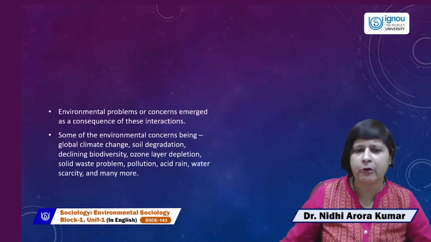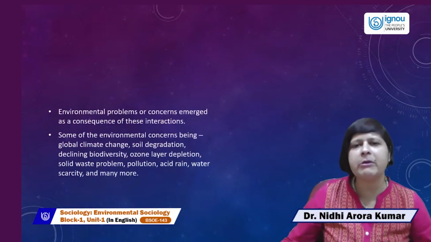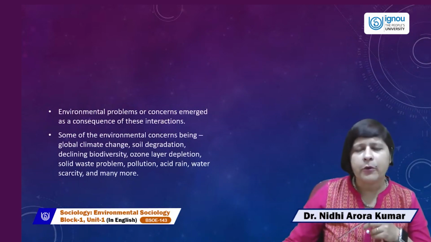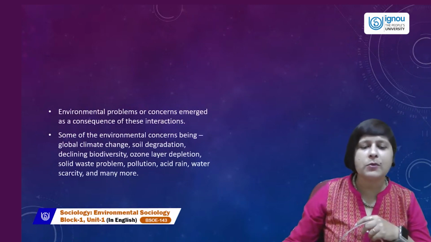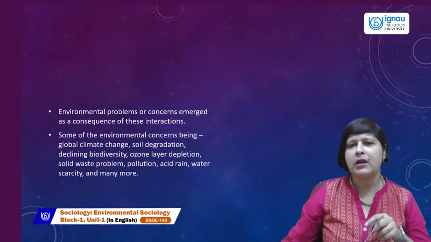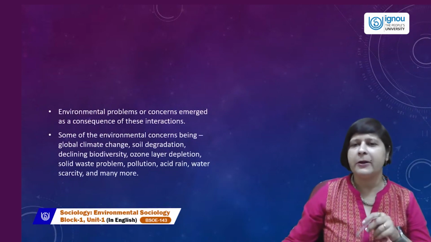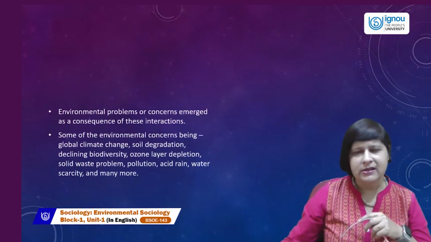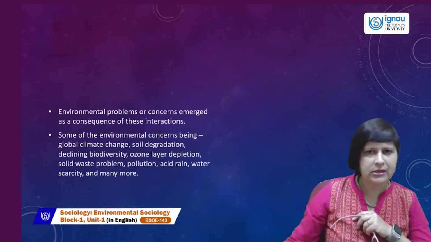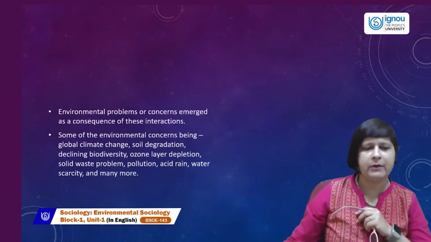If it impacts in a negative way, it results in environmental problems like water pollution, air pollution, smoke. So when human society and environment interact with each other, some problems crop up, and these environmental problems are a result of the interaction between society and environment.